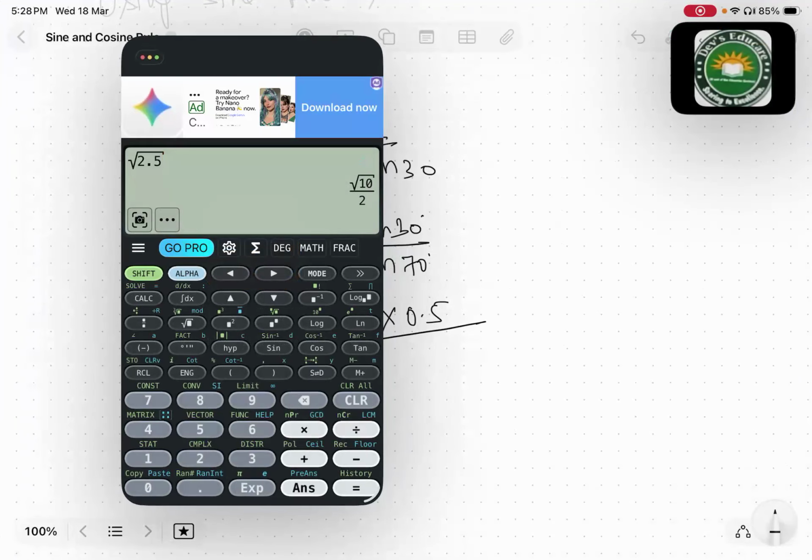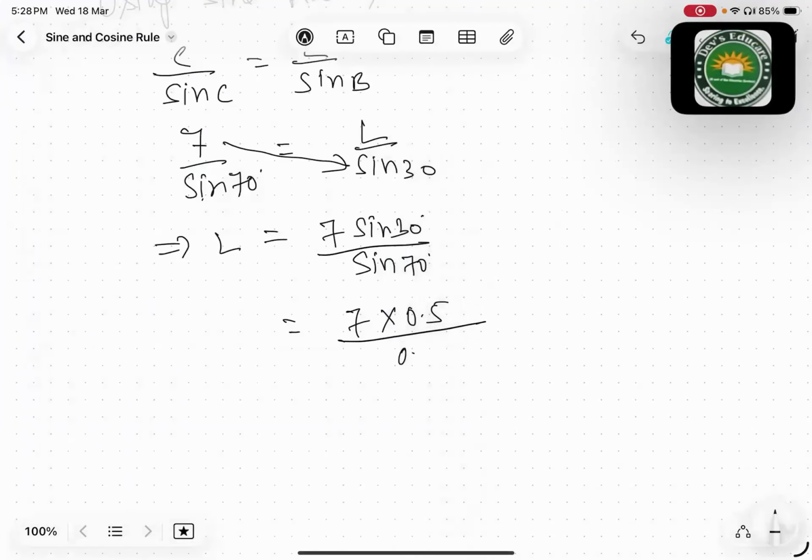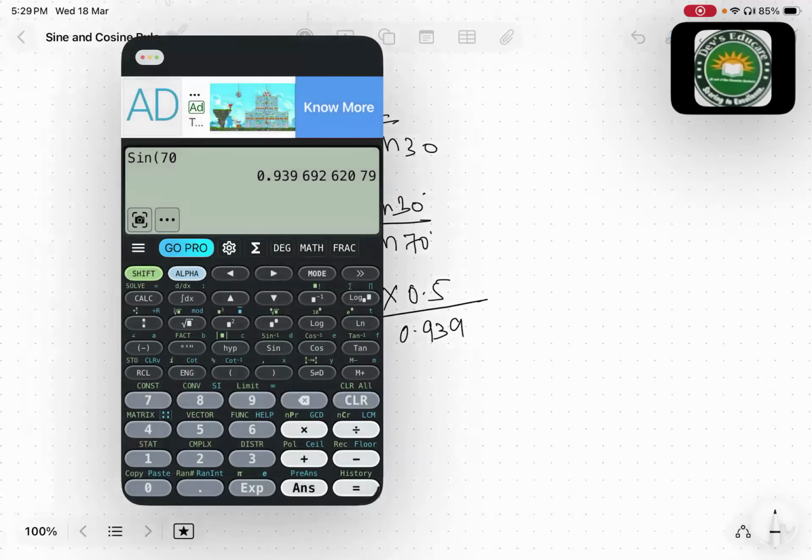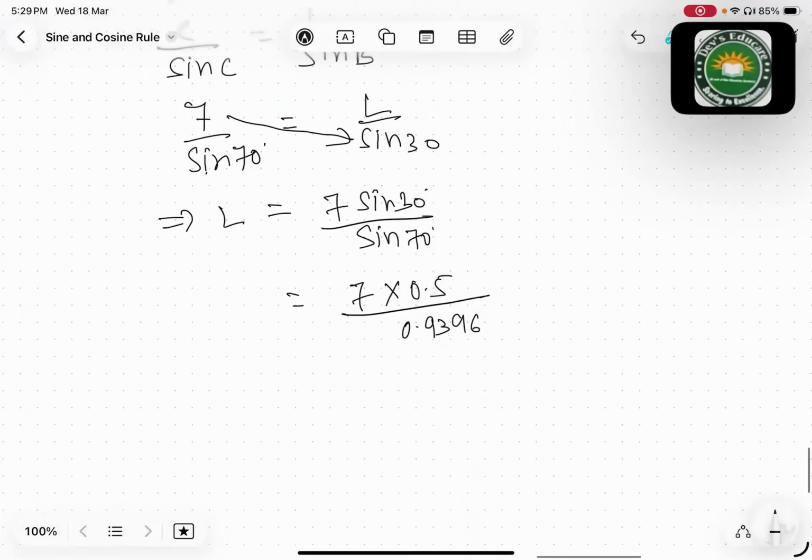So we will be using this calculator. Sine 70 degrees is 0.939692.